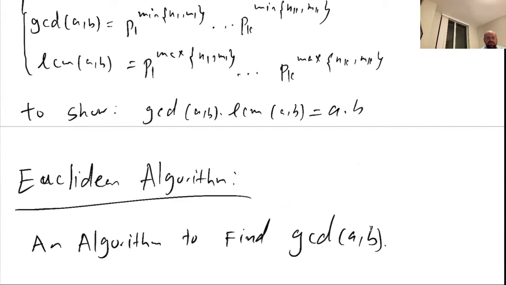You may tell me that we already have an algorithm to find the GCD. What was the algorithm that we learned so far? We need the prime factorization of A and the prime factorization of B. Then we need to list the common prime factors, each one with the minimum power. We have to choose the minimum powers for each prime factor. Well, that's true, but that algorithm is time consuming.